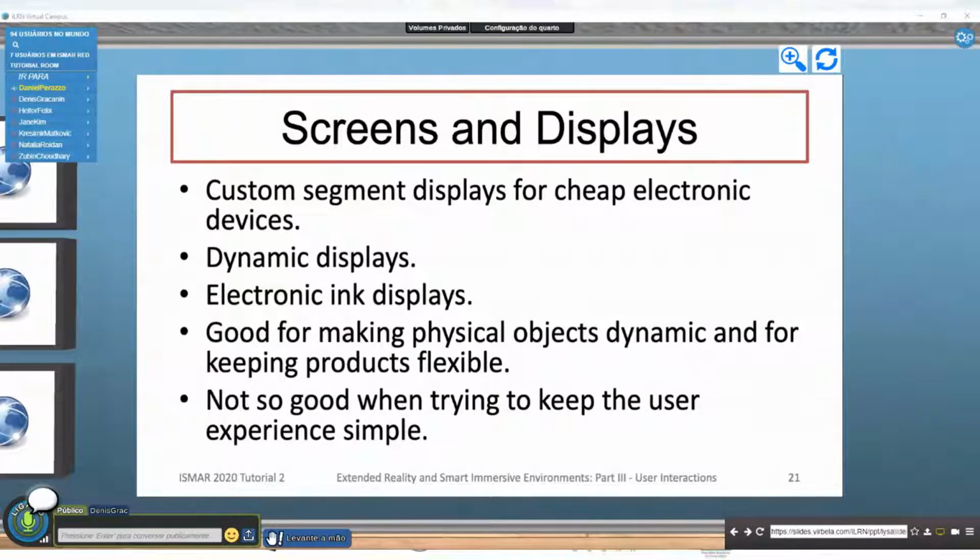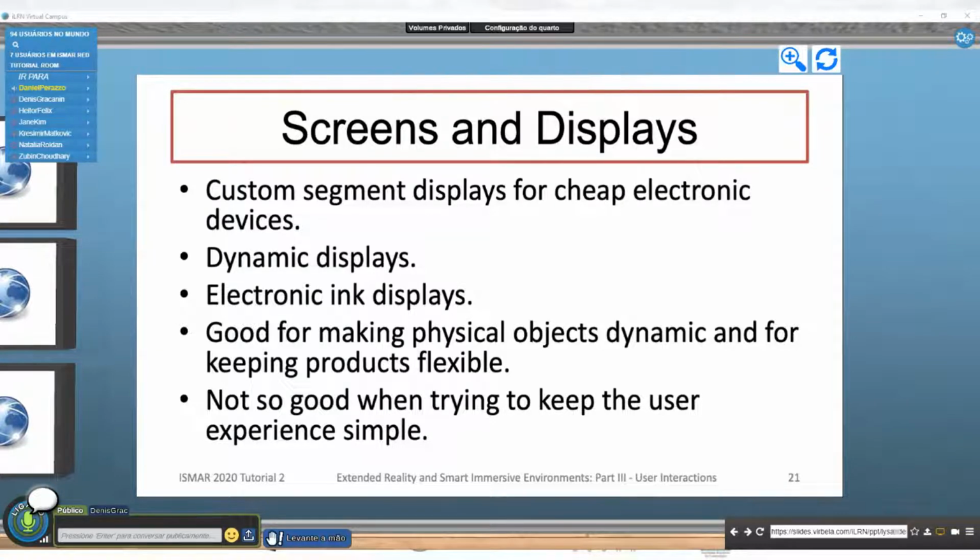Screens and displays are now fairly cheap, so we can use displays on a number of devices, even very small, very cheap devices.